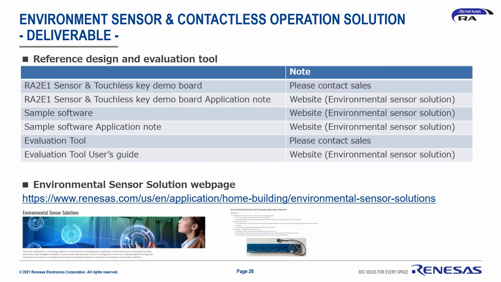The data for this reference design are available on our website. Software, hardware, tools, everything is already available. Please have a look at the link to get all the data. A video is going to explain the concept of this touchless sensor demo.